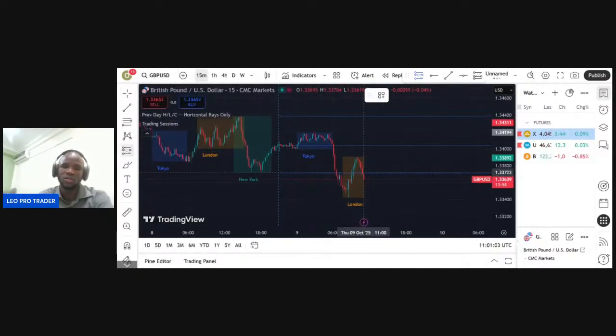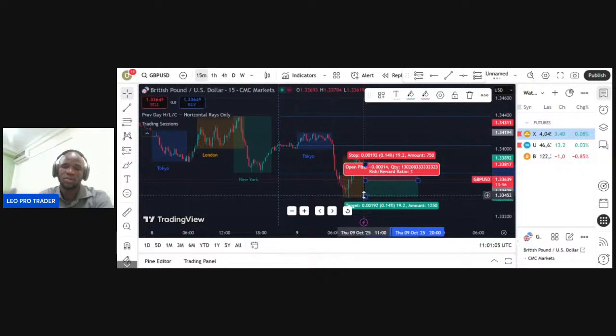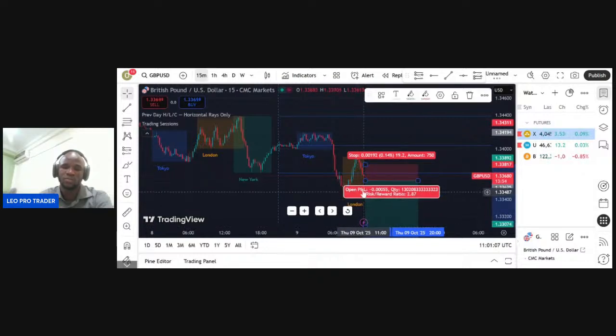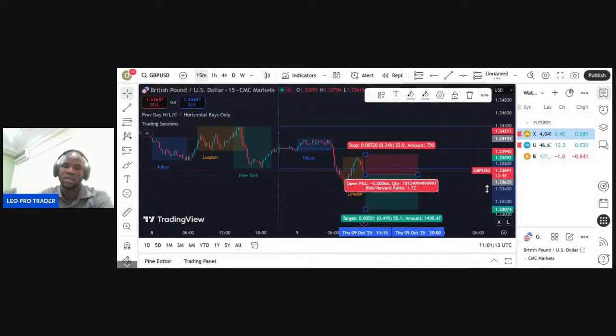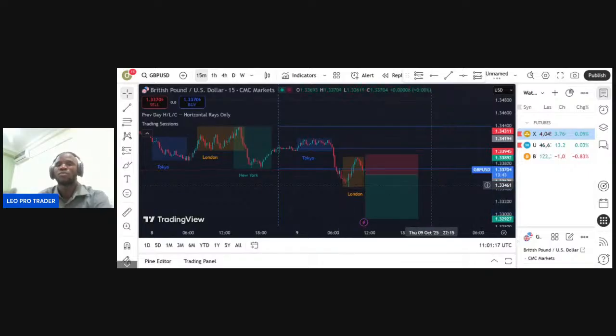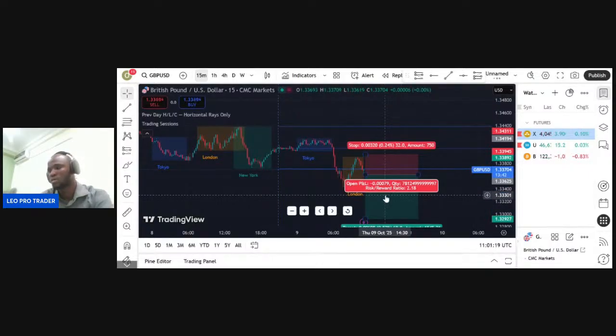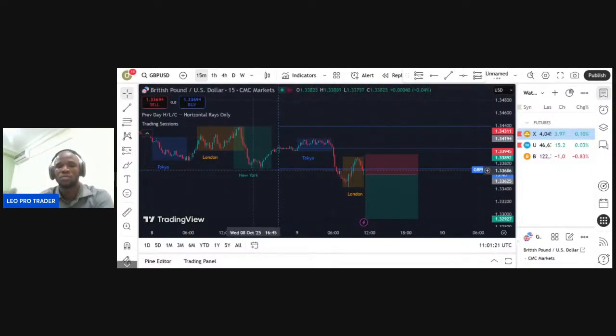It's a good sell trade too. Remember what I told you, put your stop loss a little higher above the previous high. Target times two. So this is times two. This times two. This times two, what we're risking.